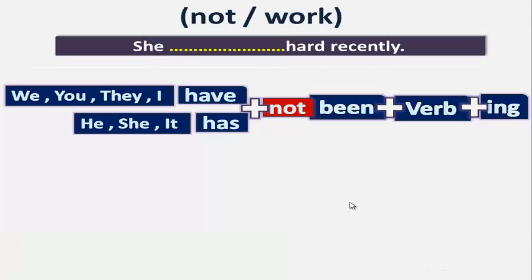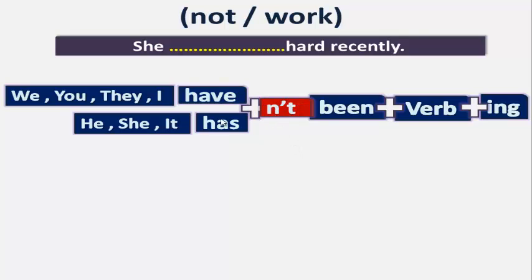What about the negative form? Right. So, in the negative form, we start the sentence with the subject, and then the helping verb or the auxiliary, have or has, and then we put the negative marker, not, shortened for n't. Okay?